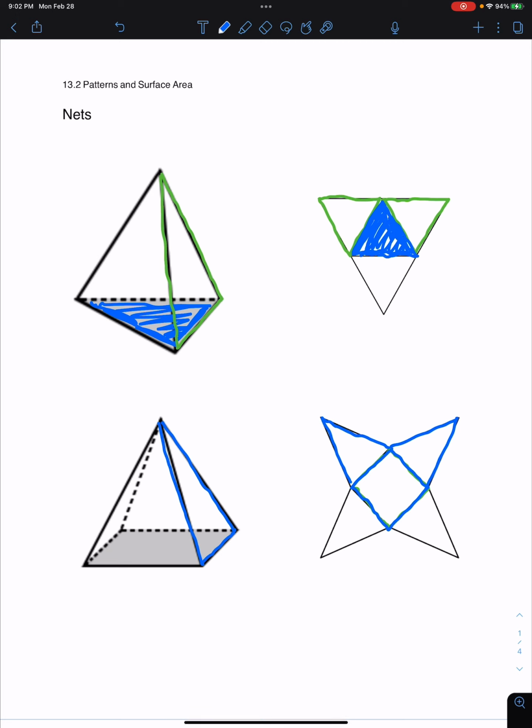And because of that, I also want you to notice that there are 1, 2, 3 faces on the side of the triangular pyramid, and 1, 2, 3, 4 faces on the side of the square pyramid. And of course, that would be the same with a rectangular pyramid. But they're all going to be the same shape, which is triangles, except for the bases.